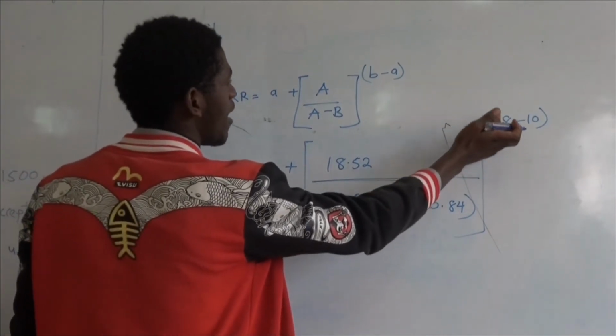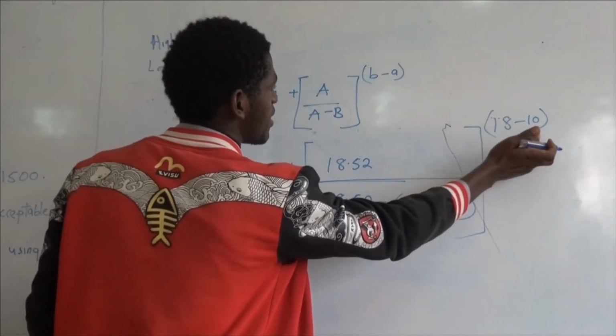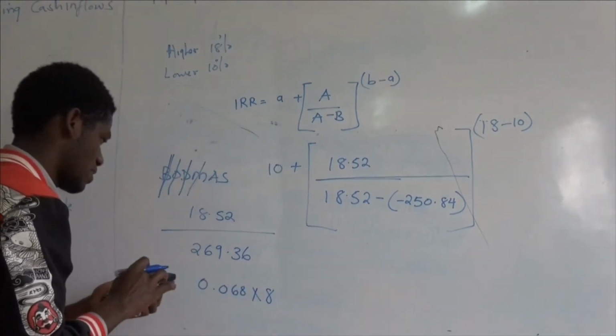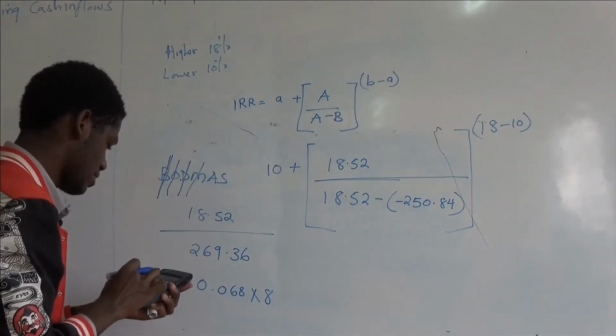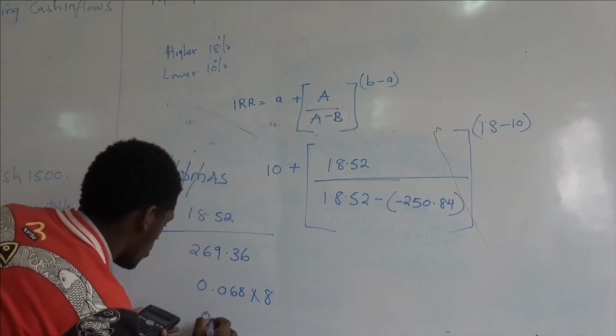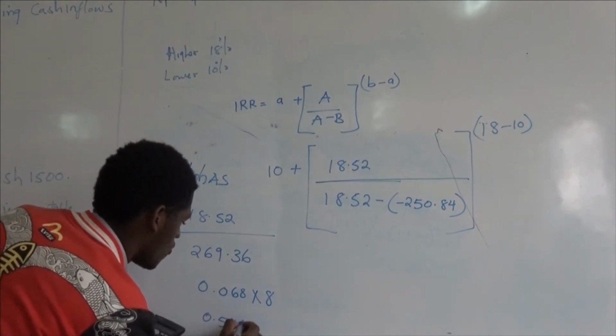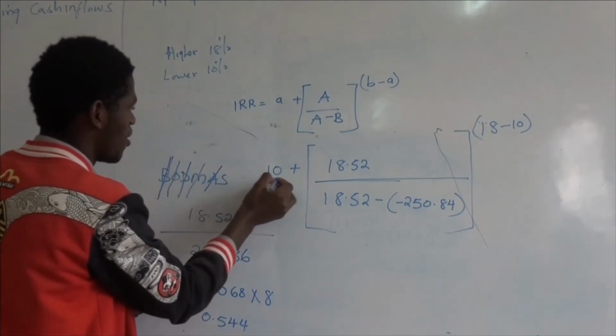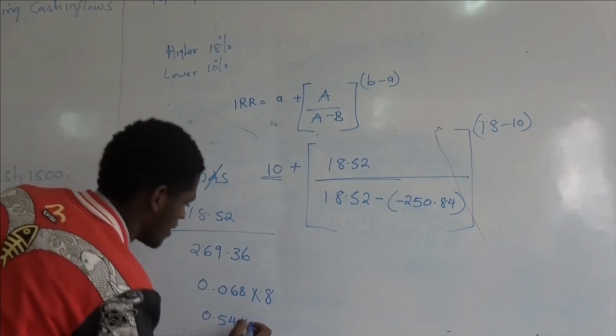After division, we have multiplication. The difference between higher rate and lower rate, so 18 minus 10, we get 8. So we'll multiply 0.068 times 8. We get 0.544. After multiplication, we have addition. We add our lower rate, which was 10%.